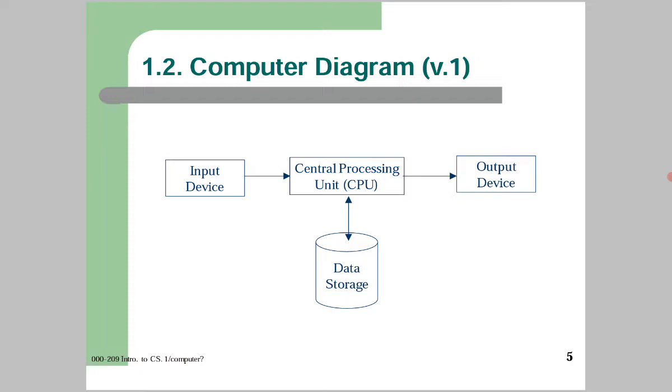The CPU communicates with data storage or memory to retrieve the data and information stored in it, processes the data or instructions or commands, and generates the output required by the users. These outputs are sent to output devices or the output unit, and they are in human readable form.